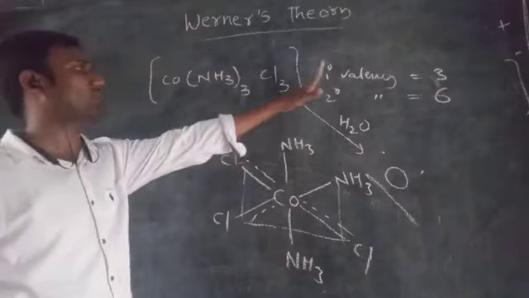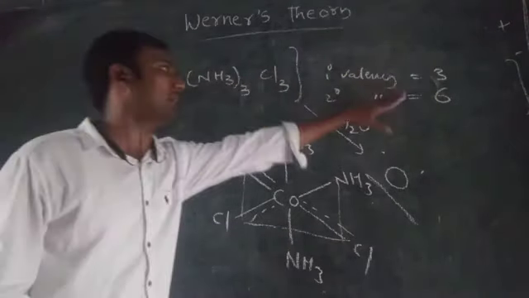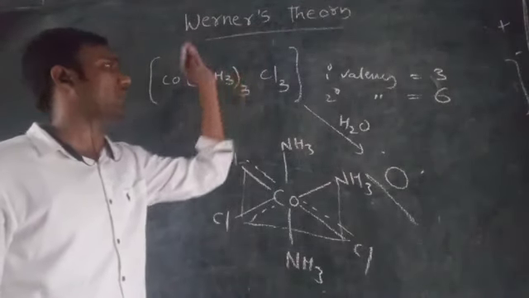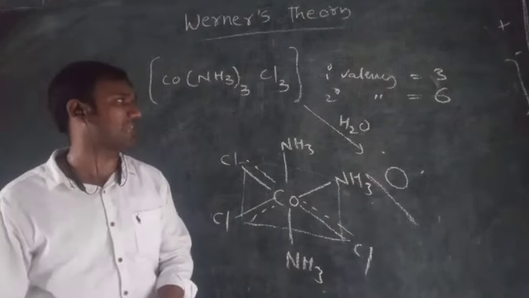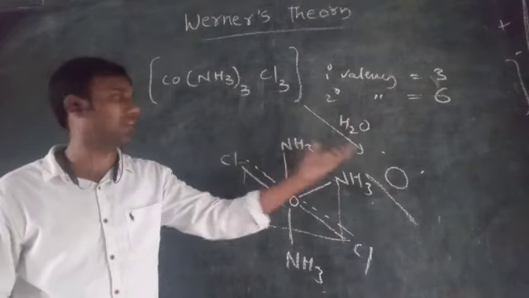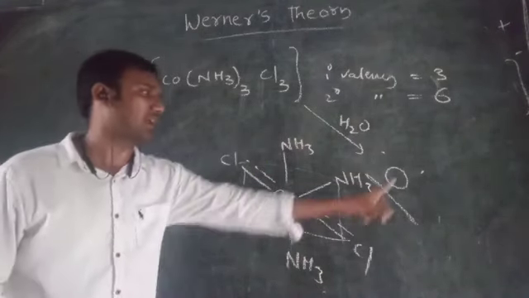But after the coordination sphere, no ion is present, so this coordination sphere cannot be ionized. Whatever species is present inside the coordination sphere will not be ionized. Only the species present after the coordination sphere will be ionized. Since there is none, it is not ionized. So the number of ions released when dissolved in water is 0.